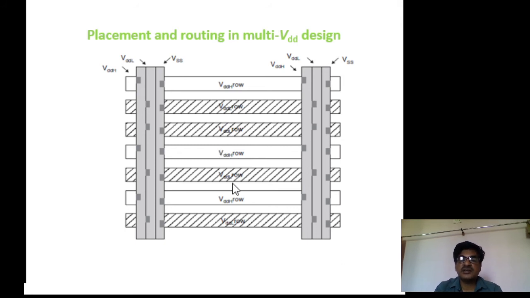Like that, the gates which operate at one power supply should all be placed in one row in order to avoid improper connection. See here, the vertical ones represent the power supply rails, say VDDH, VDDL and VSS. Similarly, VDDH, VDDL, VSS.